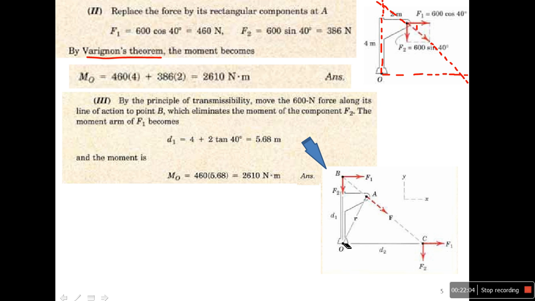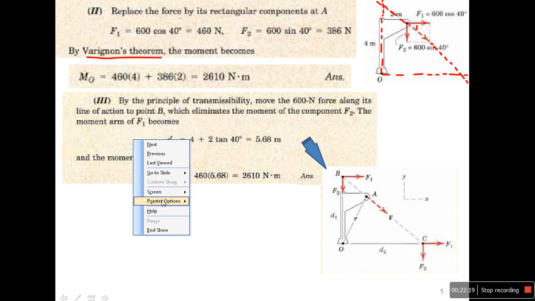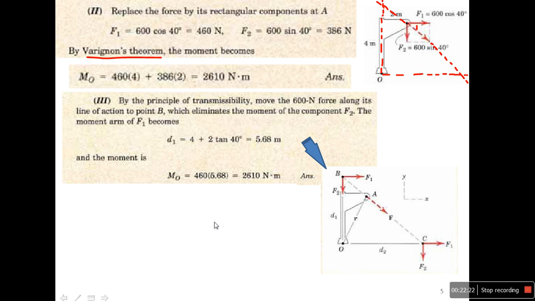You can see that D1 is the distance from B to O. Now D1 is equal to 4 plus the distance from this point to that point, and I can find it by a right angle triangle.